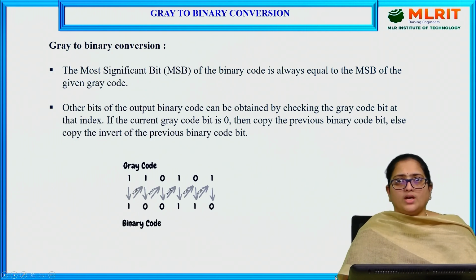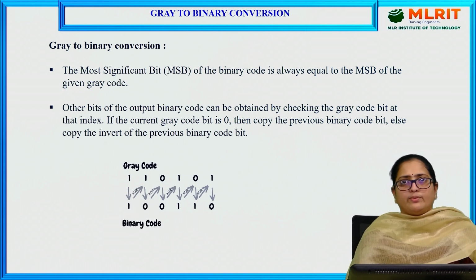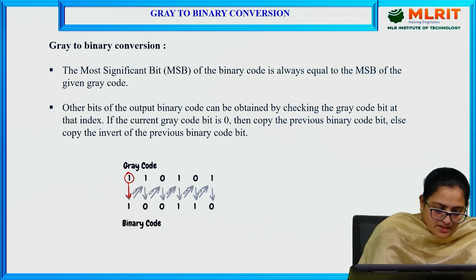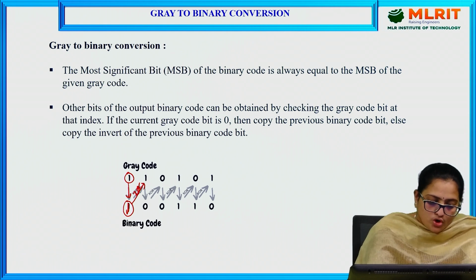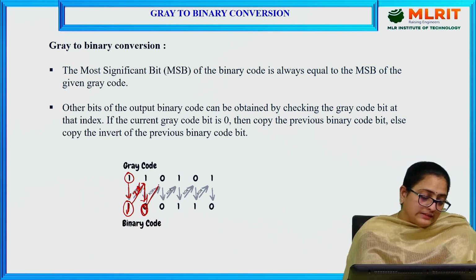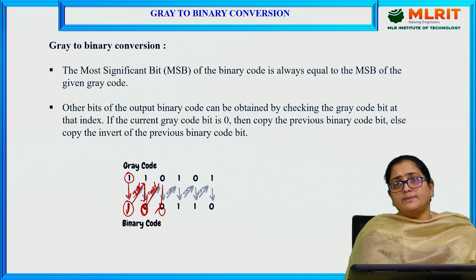Next, we will see how to convert a gray code to a binary code. Here also you need to perform an XOR operation, but the process is different. The MSB bit will be the same in the binary code and gray code. The MSB bit of binary and the second MSB bit of gray code perform an XOR operation and produce the second MSB bit of the binary code. The second MSB bit of binary code and third MSB bit of gray code perform an XOR operation and produce the third bit of binary code.